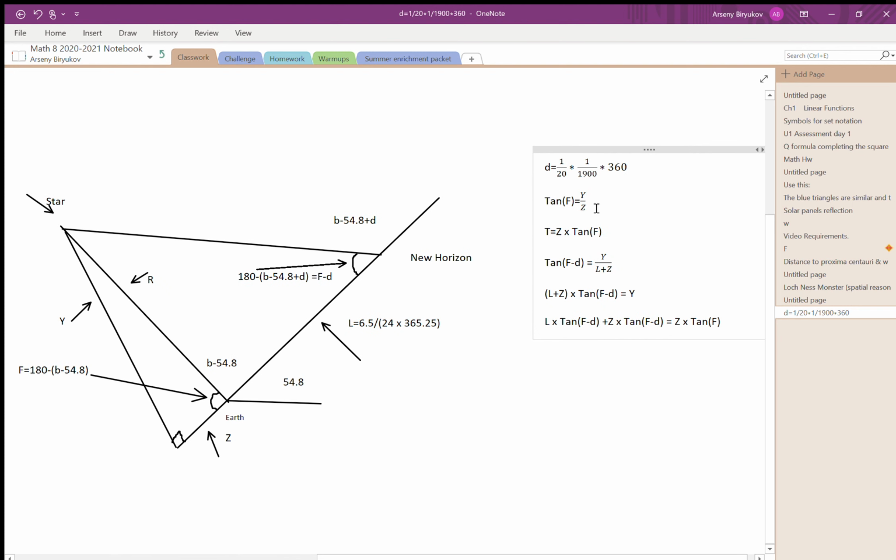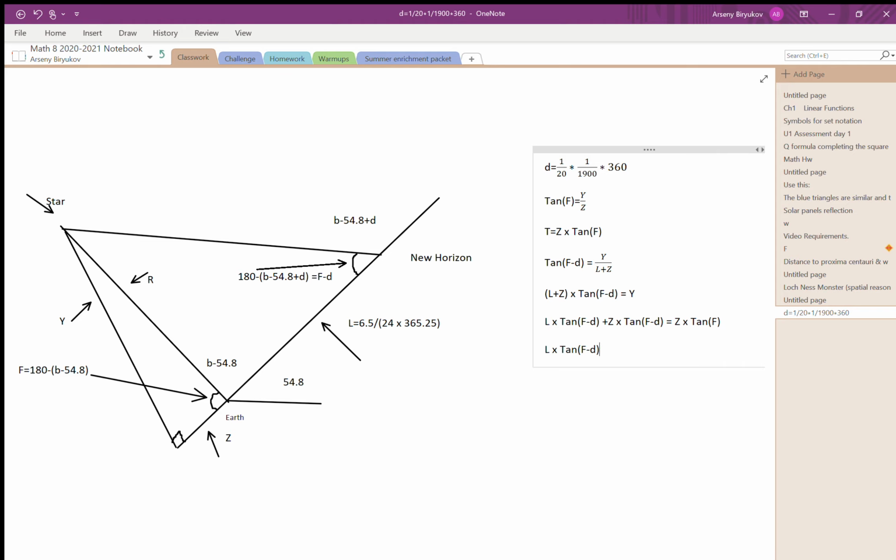To find z from this equation, we must change it to L times tangent of (f minus d) is equal to z times (tangent of f minus tangent of (f minus d)).